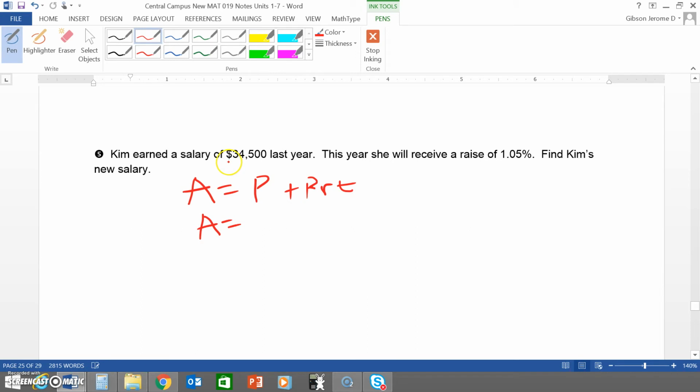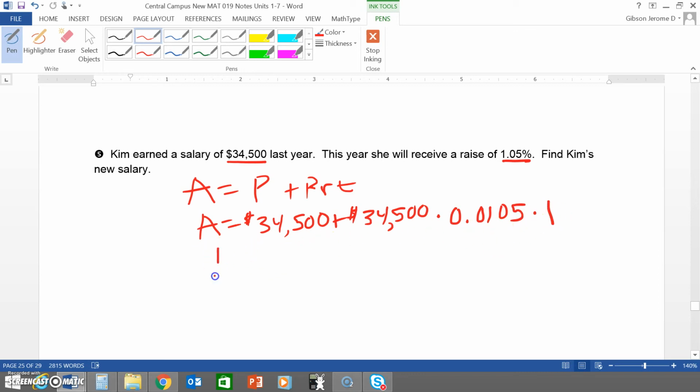So we could look at her old salary as her principal. Now her rate is the interest rate, which we'll put in decimal form, 0.0105. And then the time, they said it was 1 year.